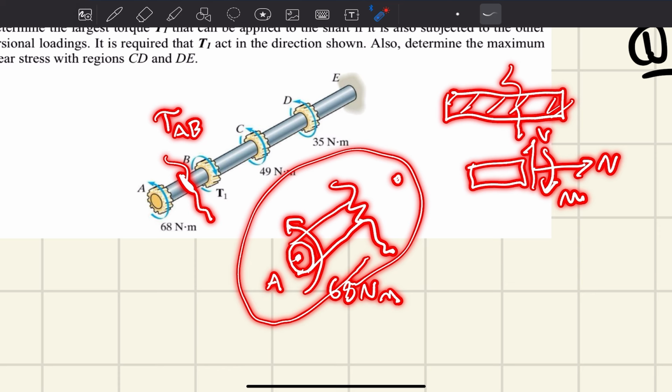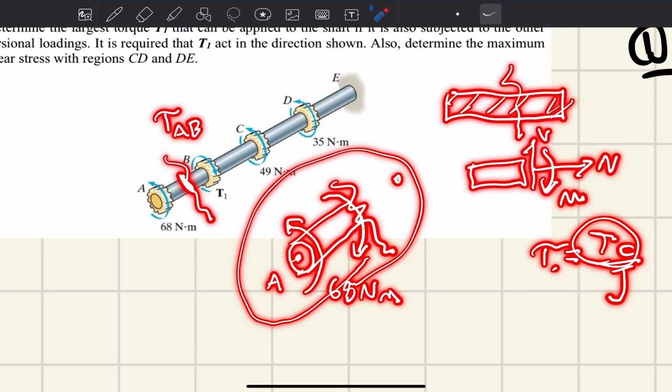How are we going to do that? Well, we have a reactionary torque acting right here. And the torque in the formula tau equals TC over J is this reactionary torque.